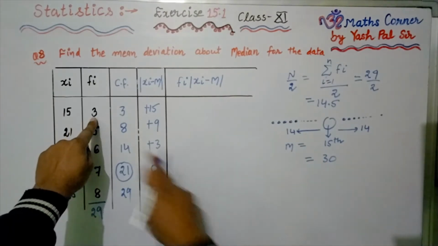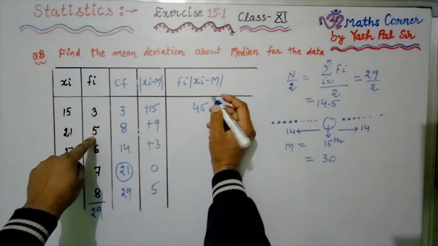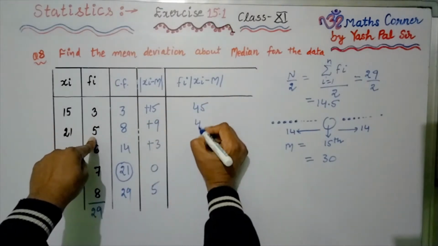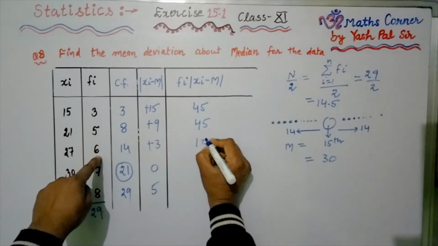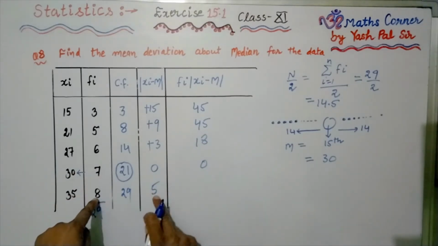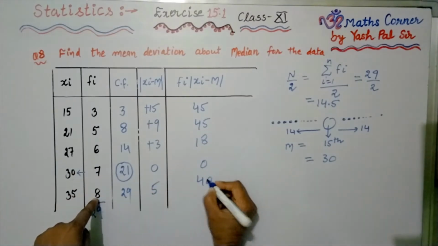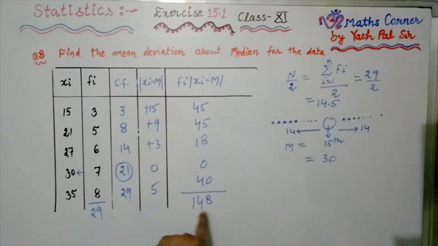Thereafter we find Fi into modulus of xi minus m. That is, the product of 3 into 15 is 45. 5 into 9 is 45. 6 into 3 is 18. 7 into 0 is 0. 8 into 5 is 40. Now we find the sum of this column, 148, right?